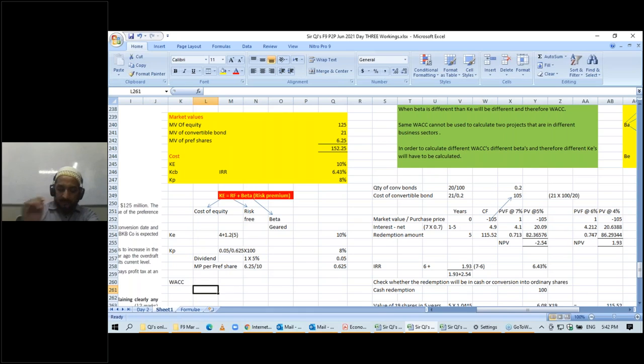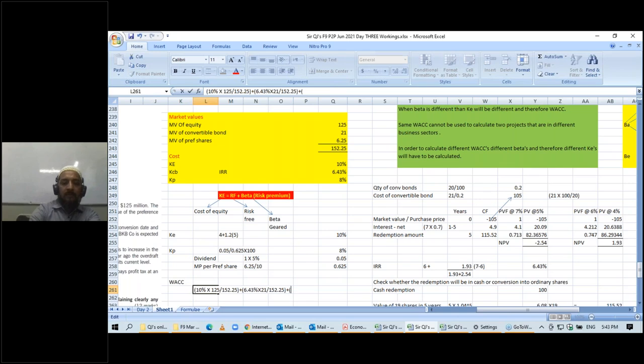So the WACC becomes 10%, the cost of equity, multiplied by 125 divided by 152.25. The first component, which is cost of equity. The next component is cost of convertible bond, so 6.43% multiplied by 21 divided by 152.25.